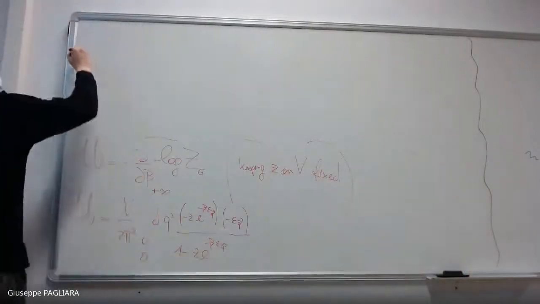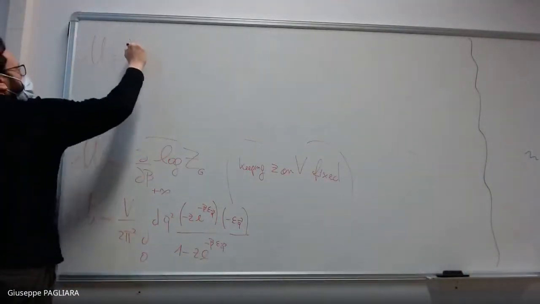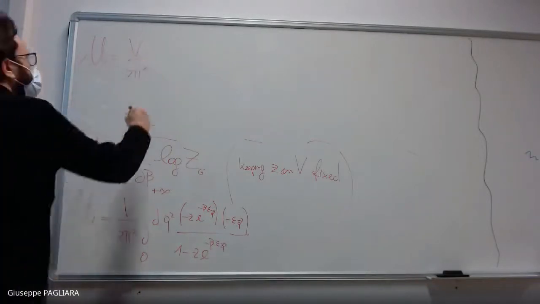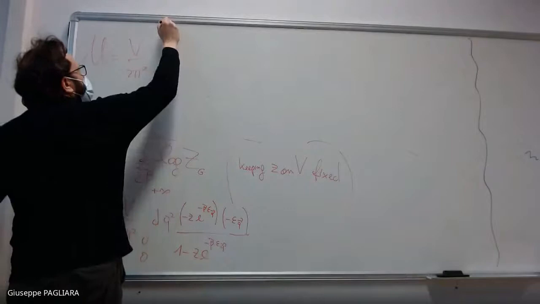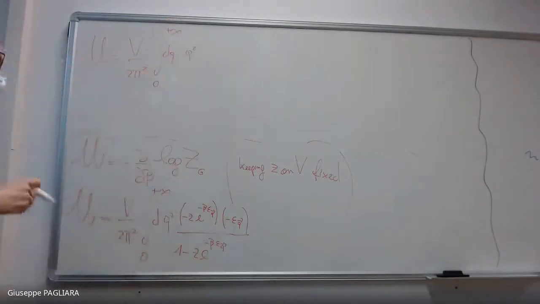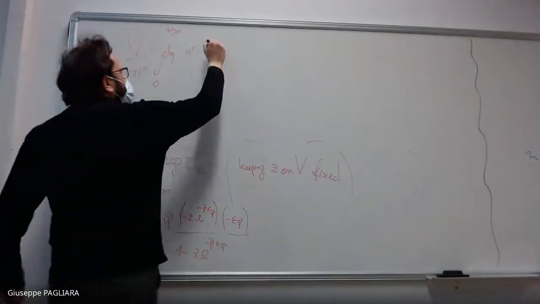So then U is equal to V divided by 2 pi squared, integral from 0 to plus infinity dq squared. Epsilon q is still there.